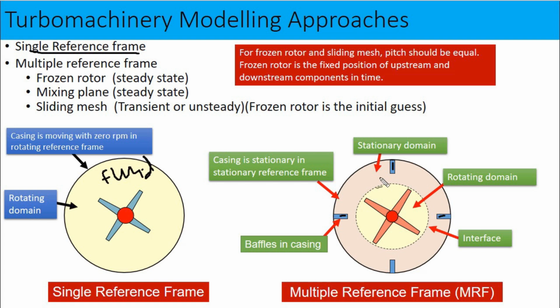This method allows us to simulate rotational effects without actually moving the mesh. It treats the rotating zone as if it's in a rotating frame of reference, which makes it computationally faster and suitable for steady-state problems. It is ideal when we are interested in time-averaged flow fields and not the detailed transient behavior. Use case: good for quick assessments and average performance of rotating machinery.